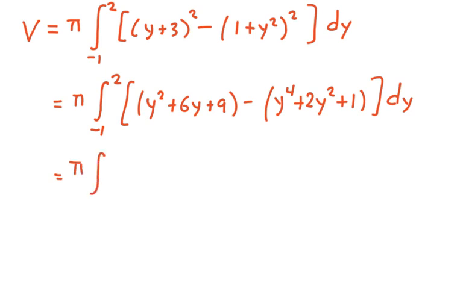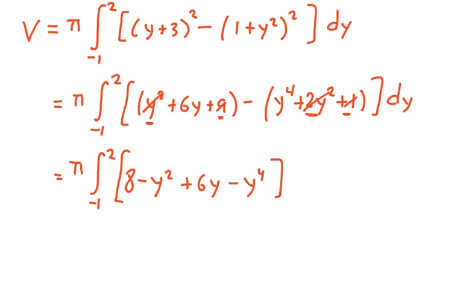Now, 9 minus 1 is 8, so I'm going to cross off the 9 and the 1. y squared minus 2y squared is minus y squared. So I'm going to cross these two terms off. I'm going to add 6y and then subtract y to the fourth. And that whole thing is getting integrated with respect to y.